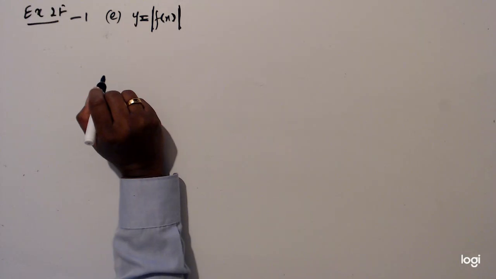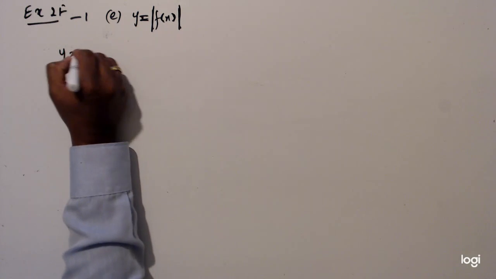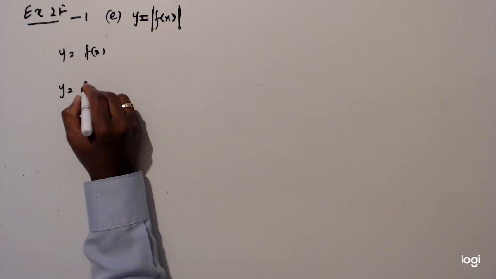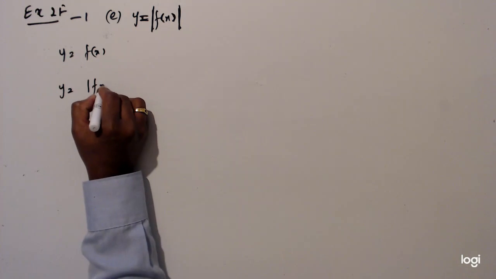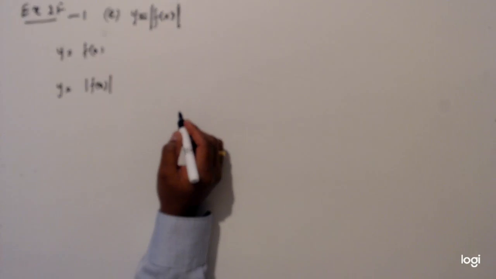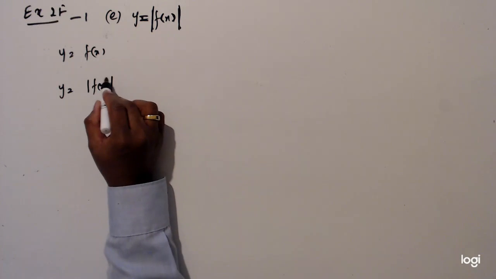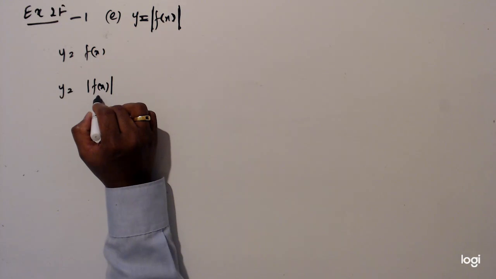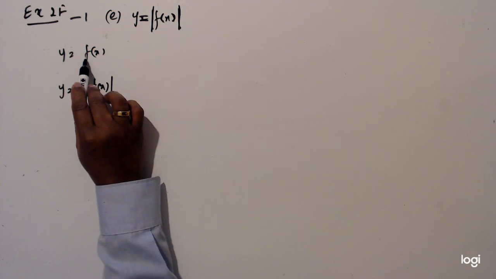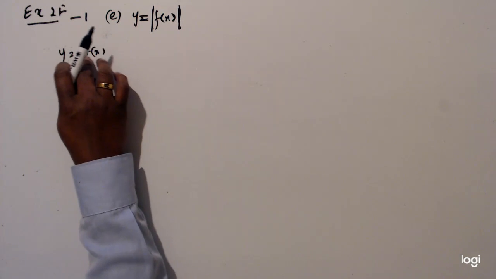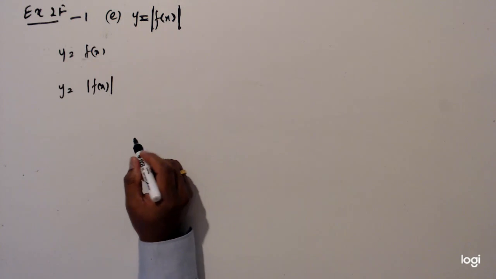Y equals mod f(x), y equals f(x), and y equals mod f(x). So the command given here is that all the f(x) values are put into the mod. It means turn into the positive.